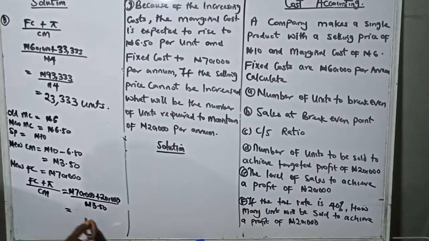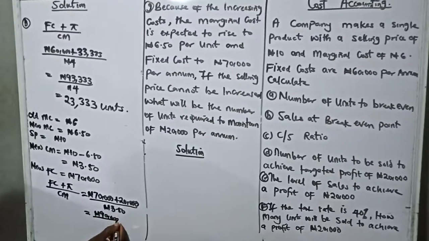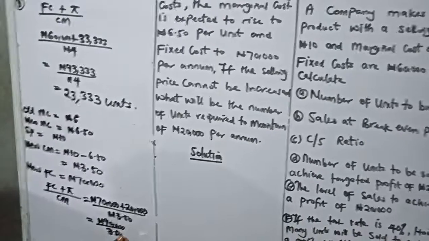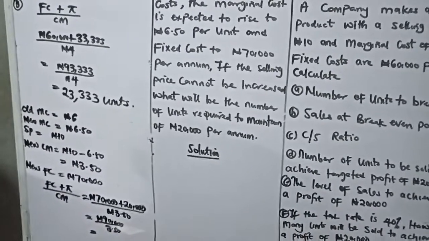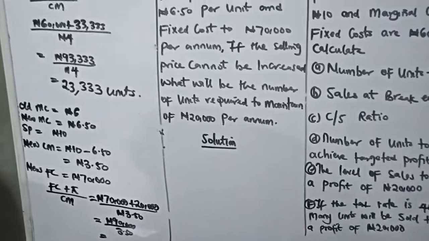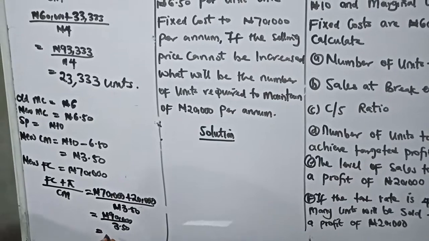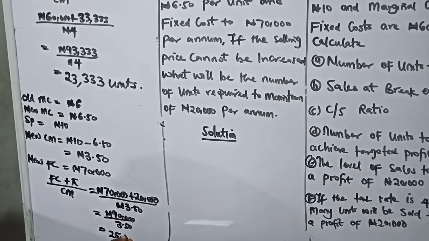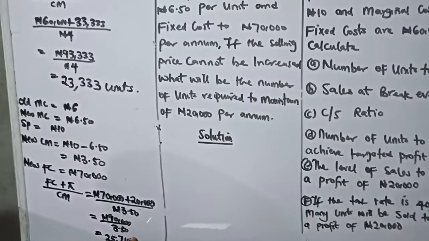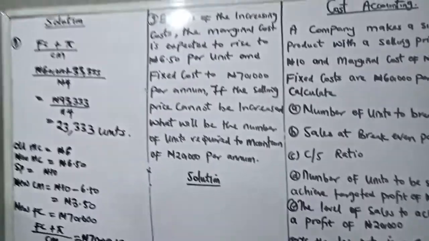So this will now give us 90,000 divided by 3.5. So let's do the calculation. 90,000 divided by 3.5 gives us 25,714 units.